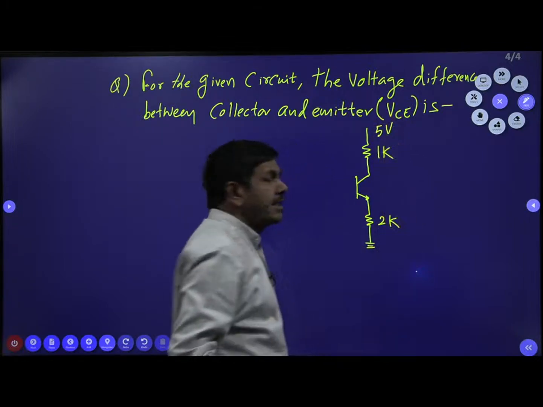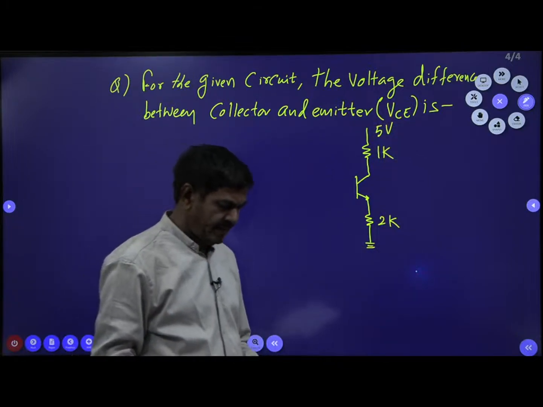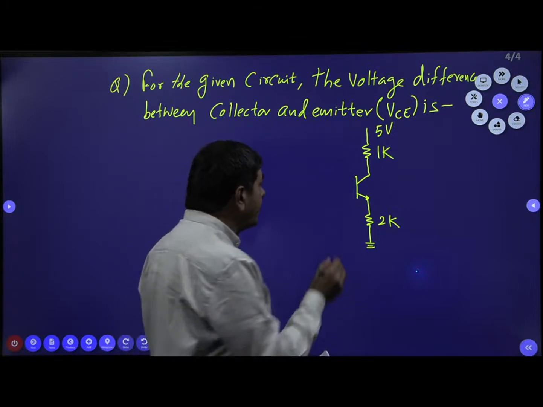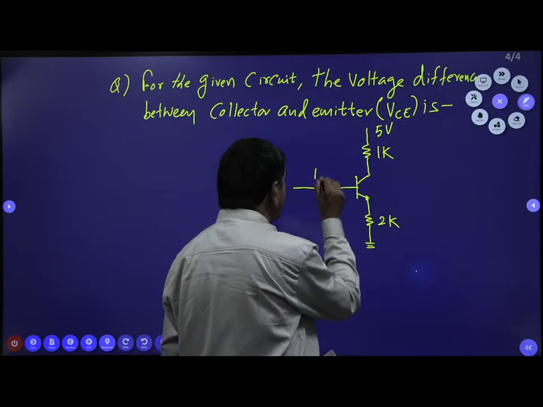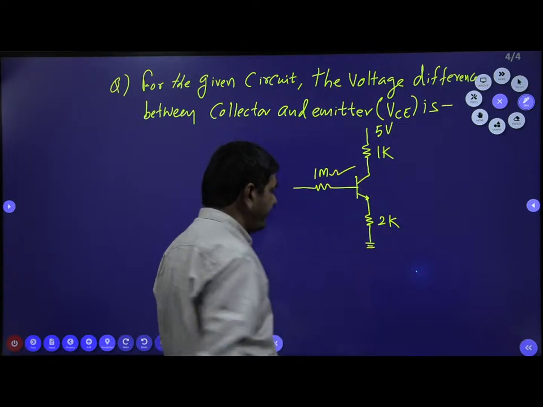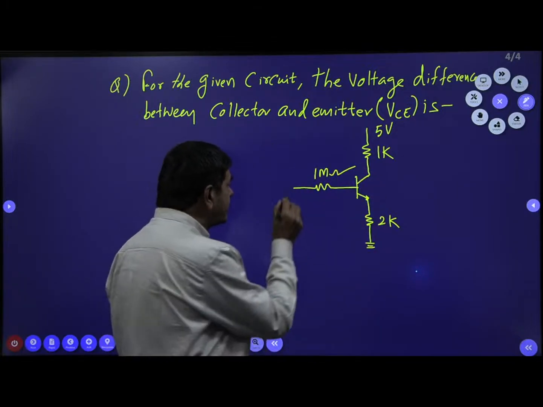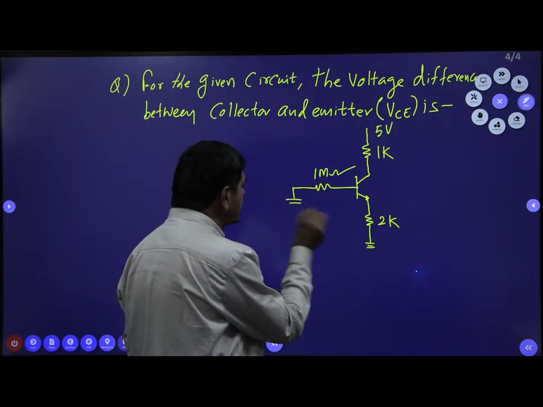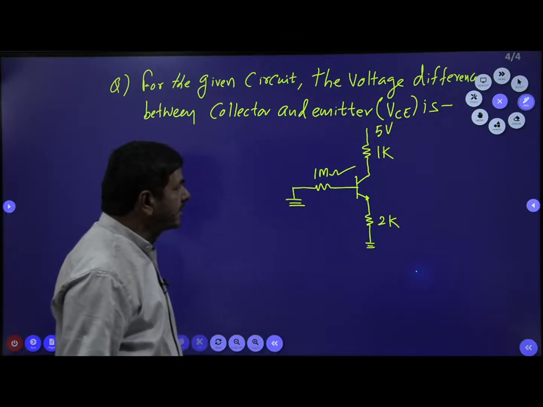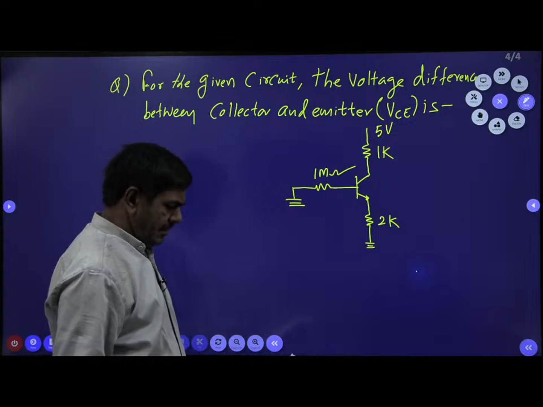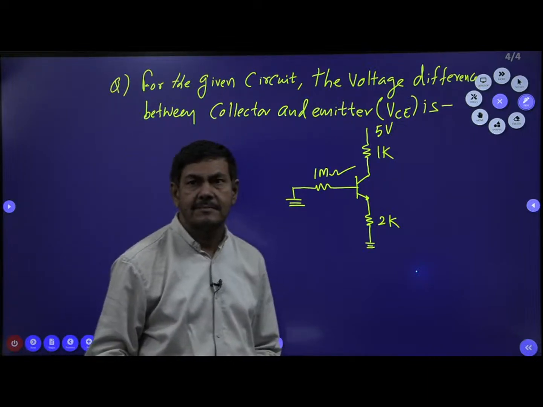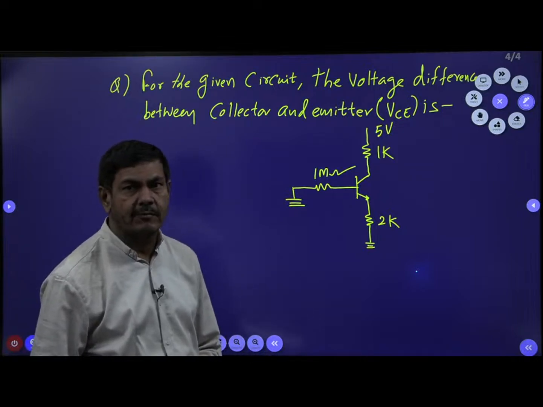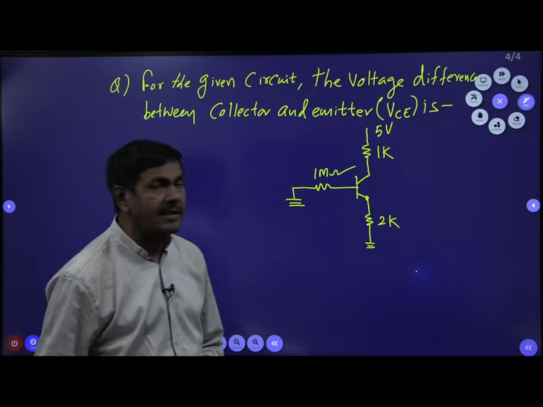The supply voltage is given as 5 volts. And a resistance of 1 mega ohm is connected on this side, and this is also connected to the ground. Now we thereby need the required VCE value.